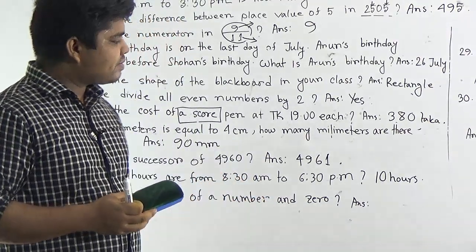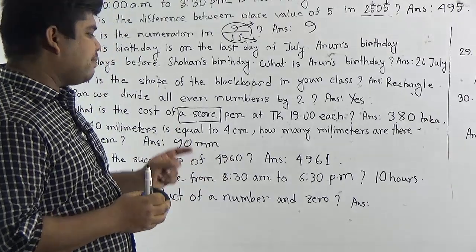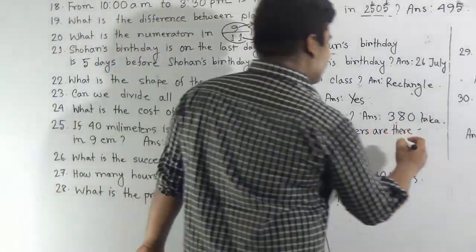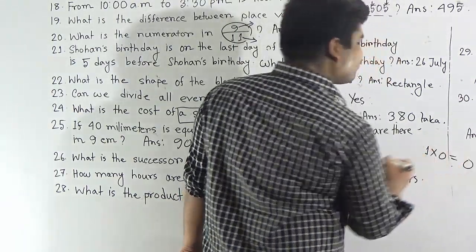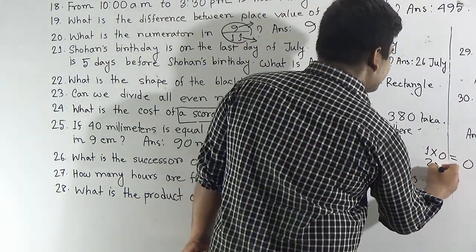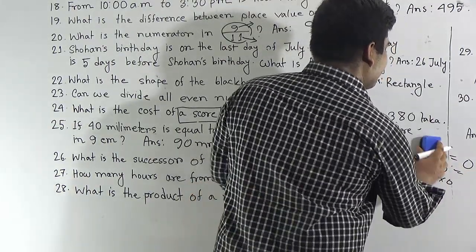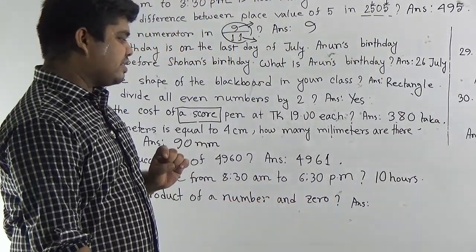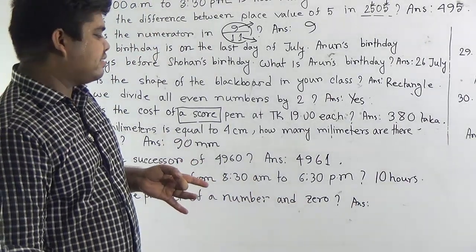My dear students, you know a number multiplied by 0, we get 0. How? In our childhood we read 1 zero is 0, 2 zeros are 0, 3 zeros are 0, 4 zeros are 0, 5 zeros are 0, 6 zeros are 0, 7 zeros are 0, 8 zeros are 0, 9 zeros are 0, 10 zeros are 0.